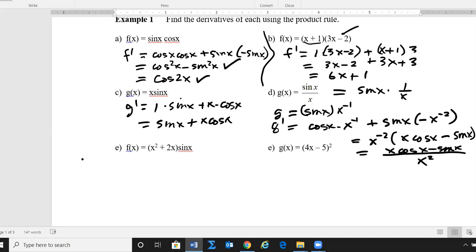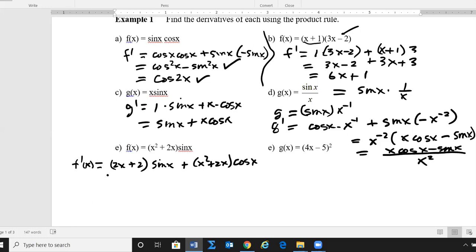Okay, let's just jump right in. Give myself a little room. F prime is 2x plus 2 times the sine of x, plus x squared plus 2x times the cosine of x. So I got the derivative of each factor, and I have the sum.